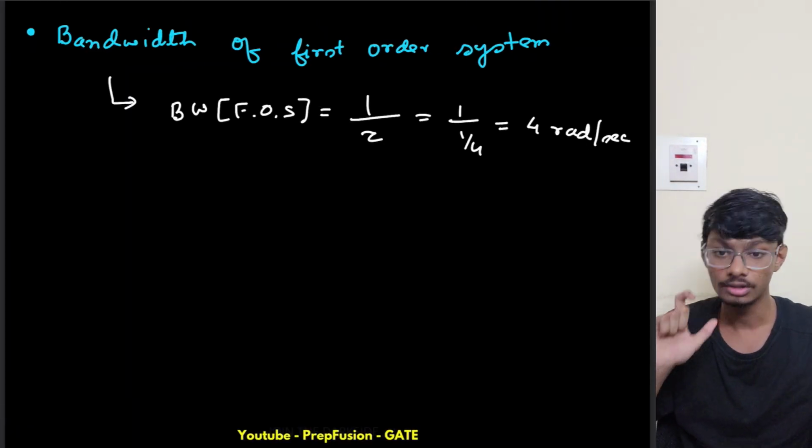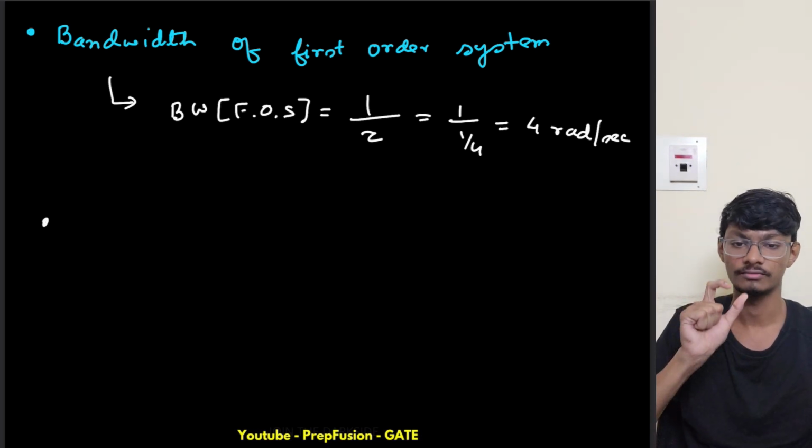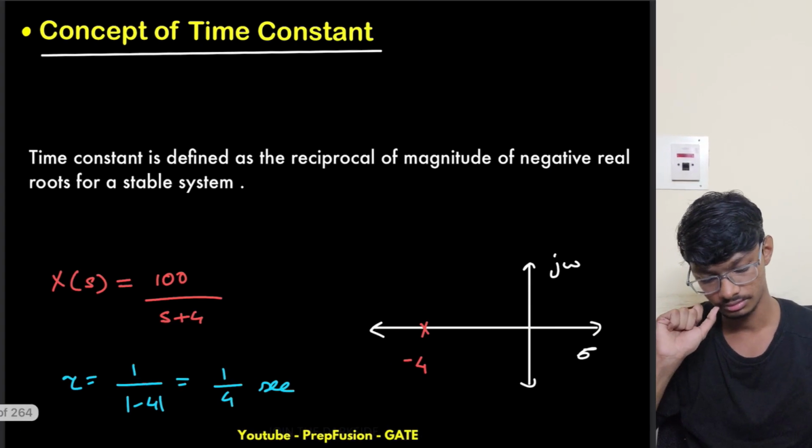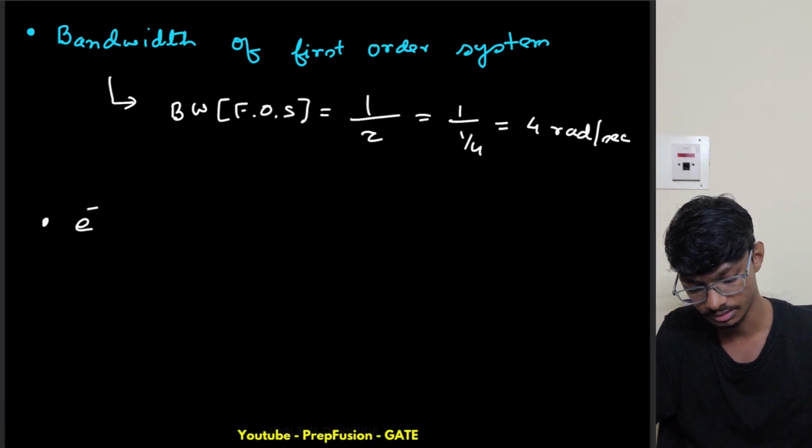Or what you can do is, for a standard first order circuit, convert this term and compare it with the standard term e raised to power minus t upon tau, for finding the time constant.